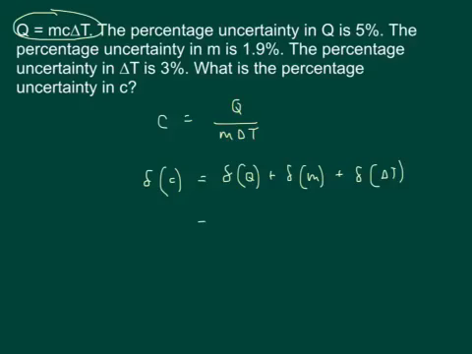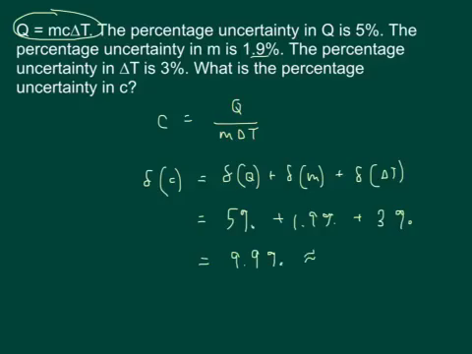So what do we have here? We could replace the percentage uncertainty in Q with 5%. We know the percentage uncertainty in M, it's 1.9. We know the percentage uncertainty in delta T. It's 3%. So adding these up, we get 9.9%.